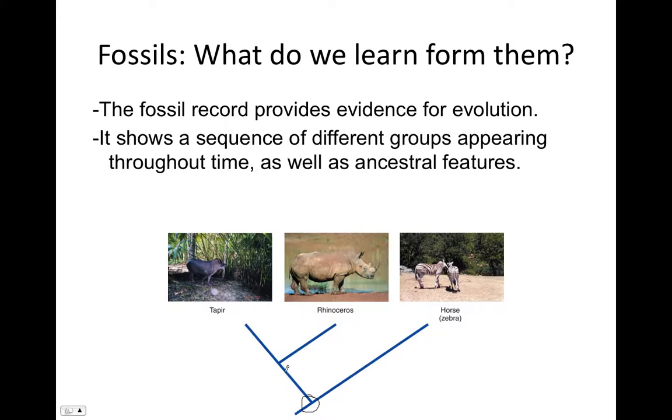This organism then diverged again, branching off to descend to rhinoceroses and tapirs, while this ancestor descended to horses, in particular zebra. So in this case, the tapir and the rhinoceros would be more closely related because they share a more recent common ancestor. The tapir is more closely related to a rhinoceros than it is to a horse, as it shares a more recent common ancestor.